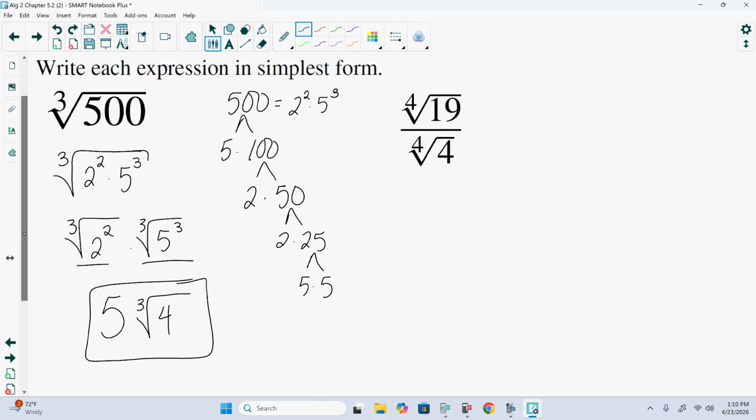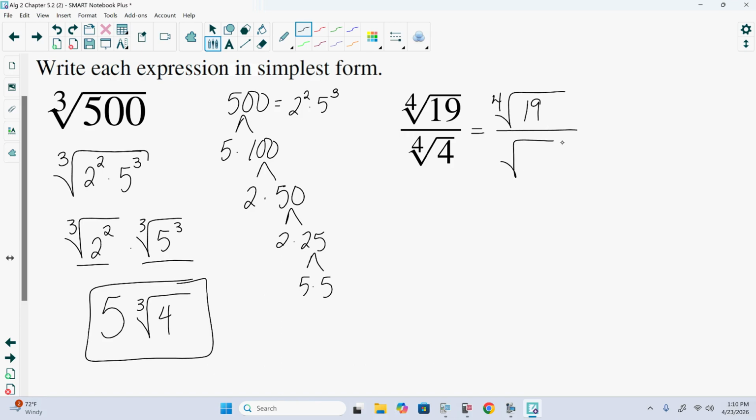The 4th root of 19 over the 4th root of 4. Nineteen's prime. Then divide by 2, because that'd be 2 and 9.5. 3 is not going to be a factor. We have all of our factors that we could have possibly had.